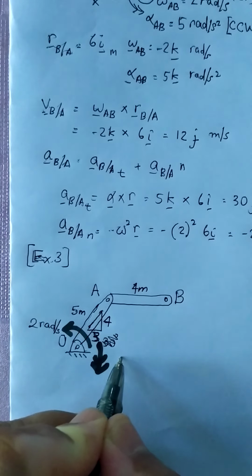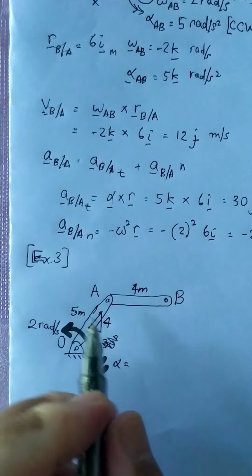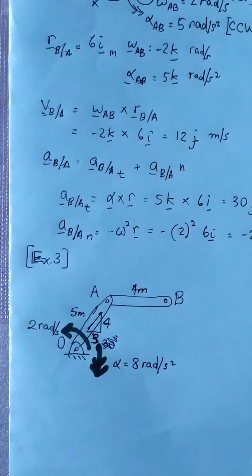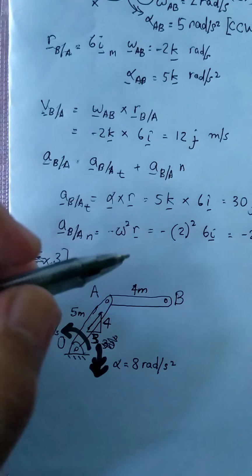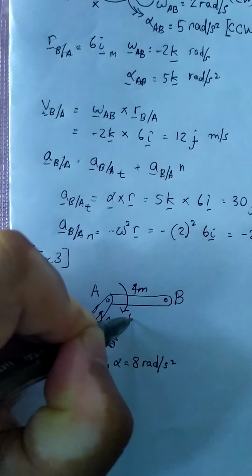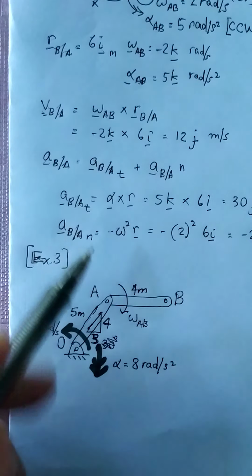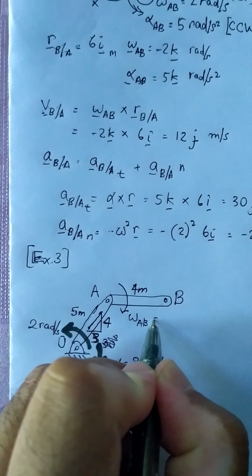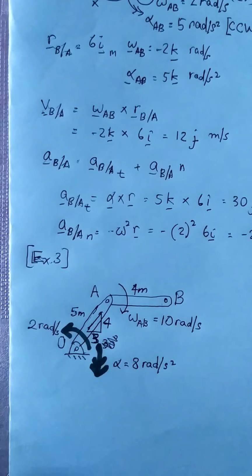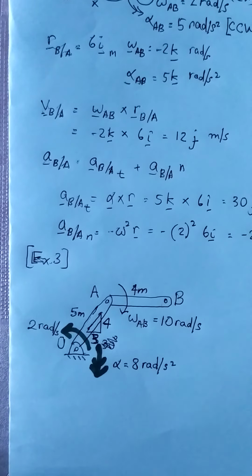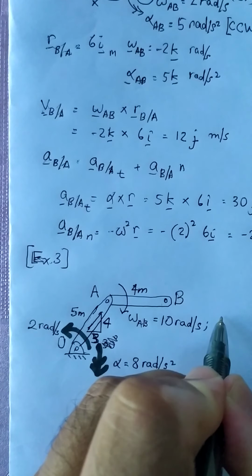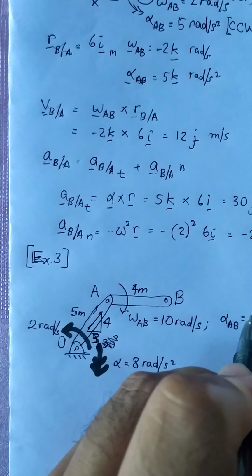It has an alpha of, let's say, 8 radian per second squared. And AB also has an omega AB, which is clockwise, and let's say omega AB is 10 radian per second. And there's no alpha AB. Let's assume that alpha AB is 0.